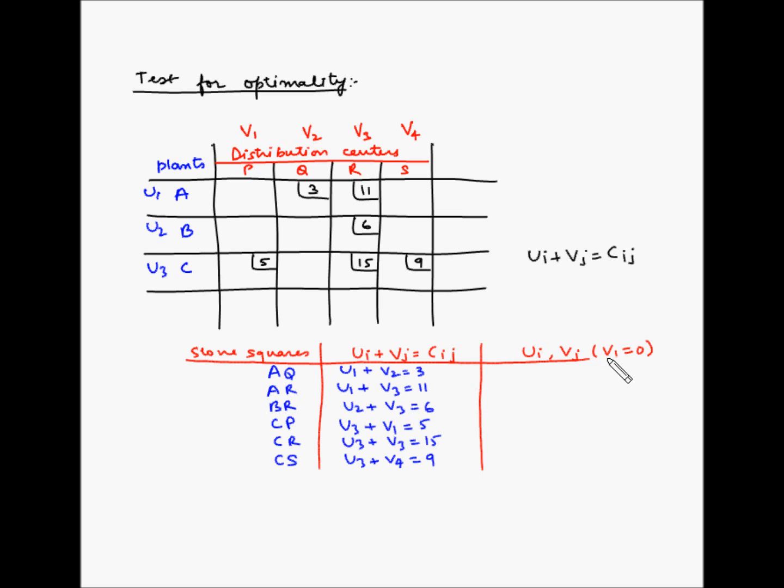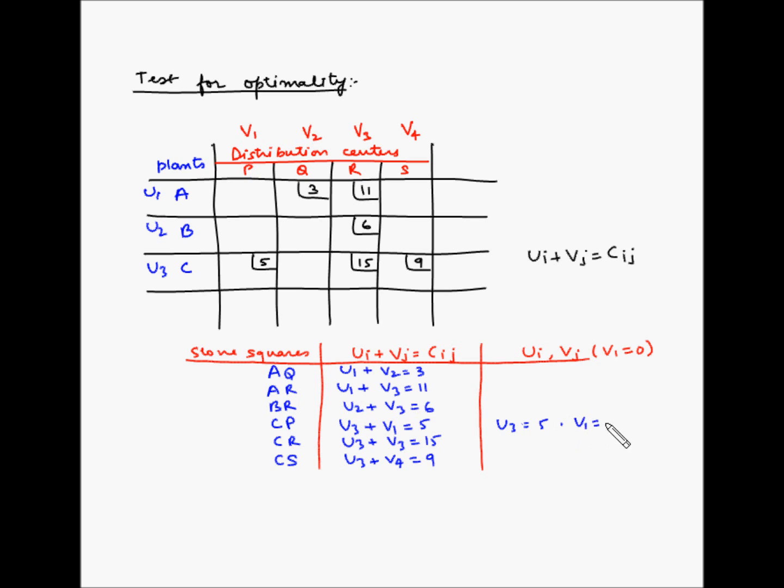And now let's use this value of V1 to find out all the values of Ui and Vj. So let's first take CP because it has V1 and we know the value of V1. So in case of CP, U3 plus V1 is equal to 5 and V1 is 0. So U3 is equal to 5.